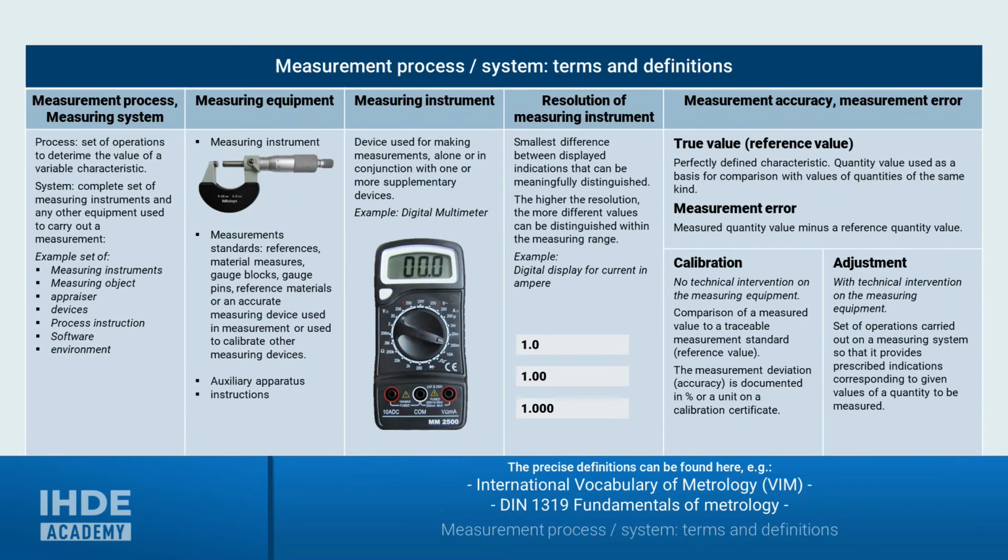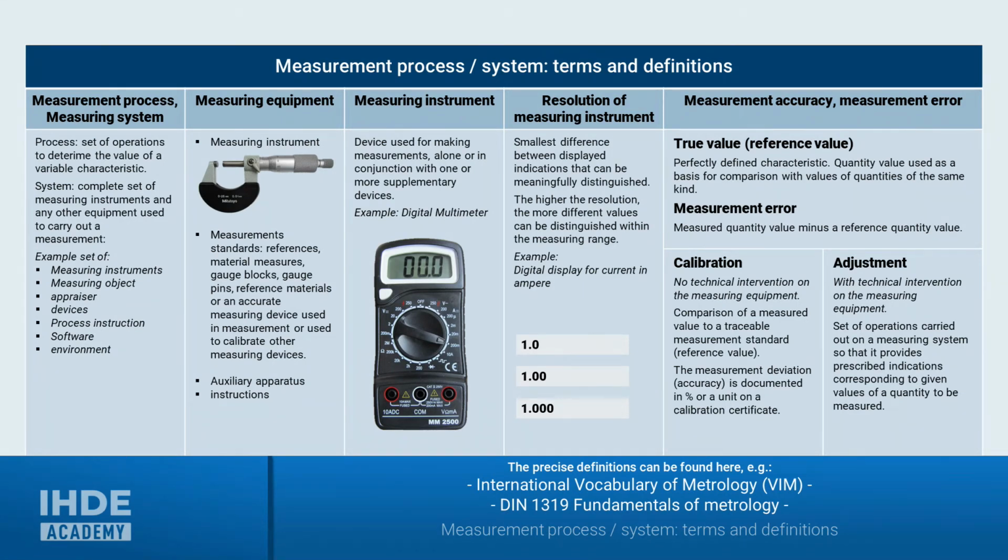Finally, a few words about calibration and adjustment, since these terms sometimes lead to confusion. When calibrating, there is no technical intervention on the measuring equipment. Calibration is a comparison of a measured value to a traceable measurement standard, a reference value.